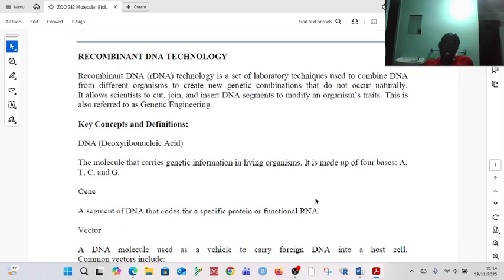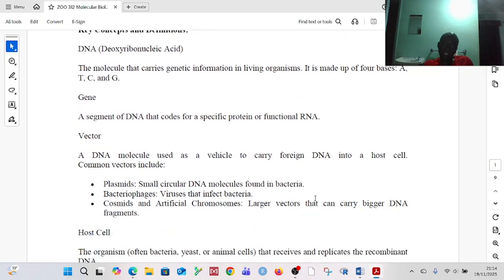To help us understand this technology better, we'll just quickly look at some terms and how we define them. One of those terms is DNA. DNA in full is deoxyribonucleic acid. DNA in itself is just a molecule that carries the genetic information in living things.